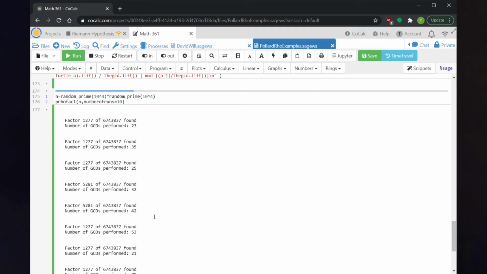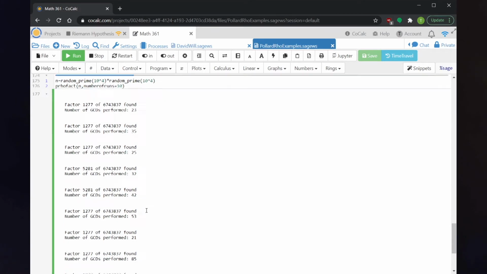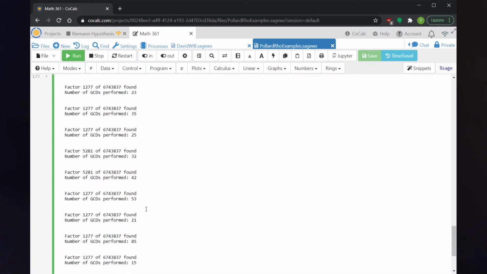In this instance, the number it chose to factor is 1,277 times 5,281. One thing you can see is that, as we talked about, the algorithm is finding the small factor way more often than it's finding the big factor. Namely, it's finding the 1,200-ish factor a lot more frequently than the 5,000-ish factor.